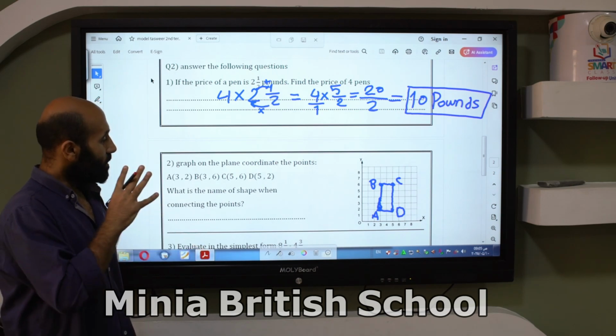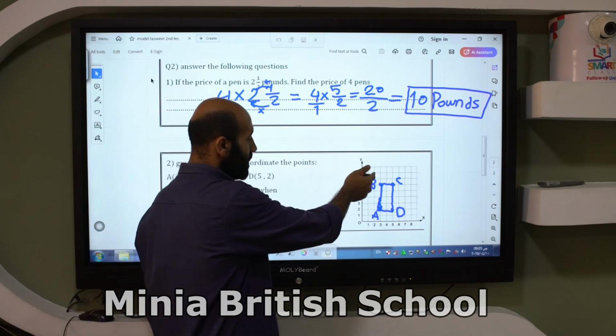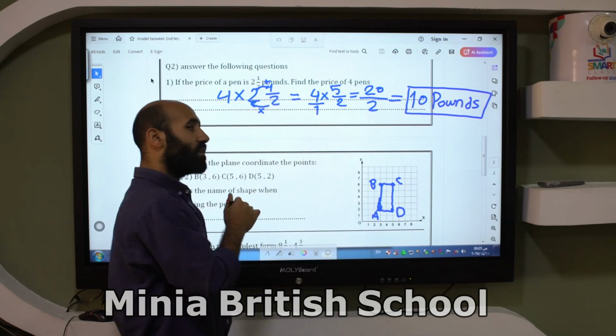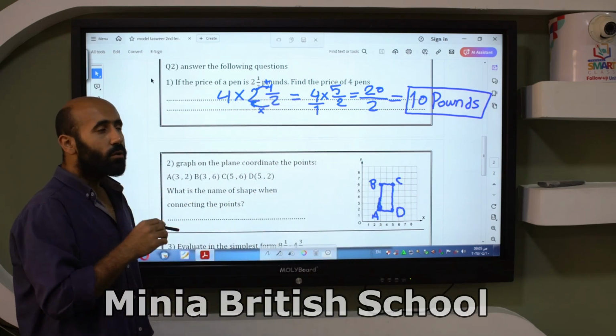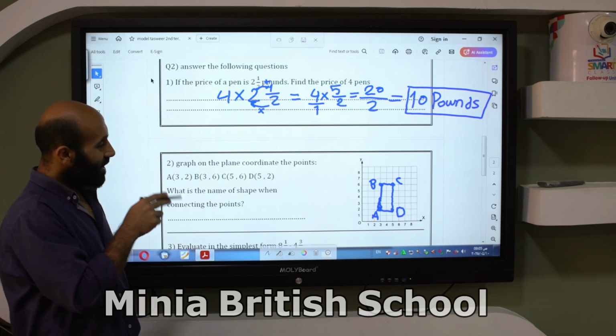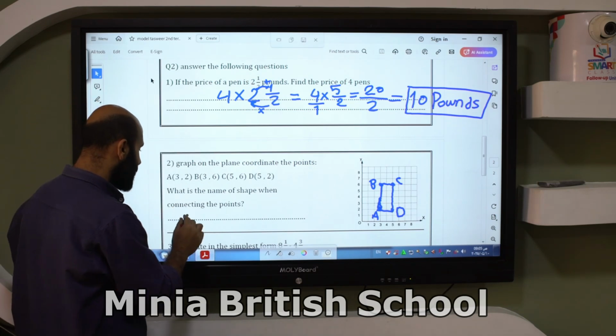So I have A, B, C, D. If you make it on your copybook, you will find out that ABCD is a rectangle.